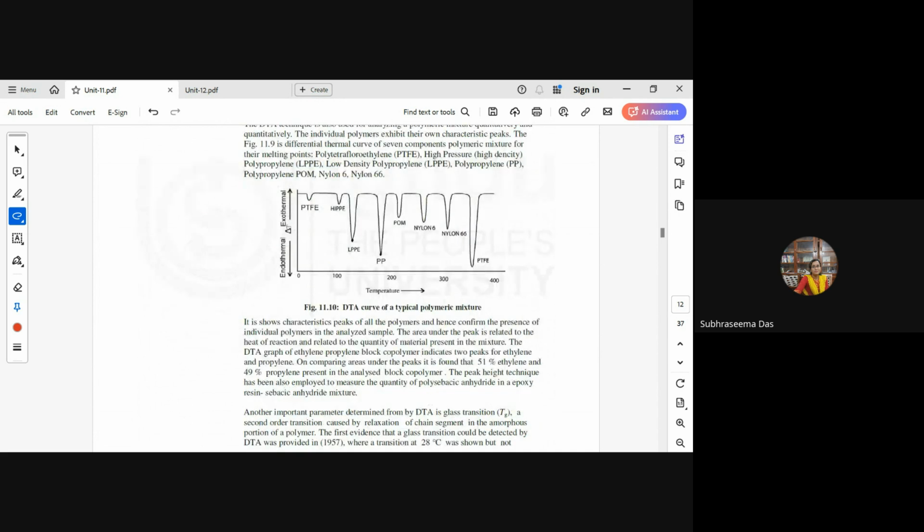It shows characteristic peaks of all the polymers, and hence the presence of individual polymers is identified from the DTA curve. The area under the peak is related to the heat of reaction, and from figure 11.10 we can find out the exact individual polymer present in the system.